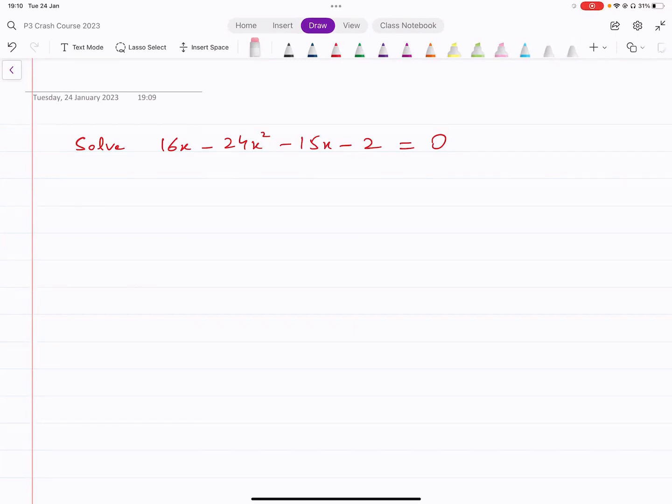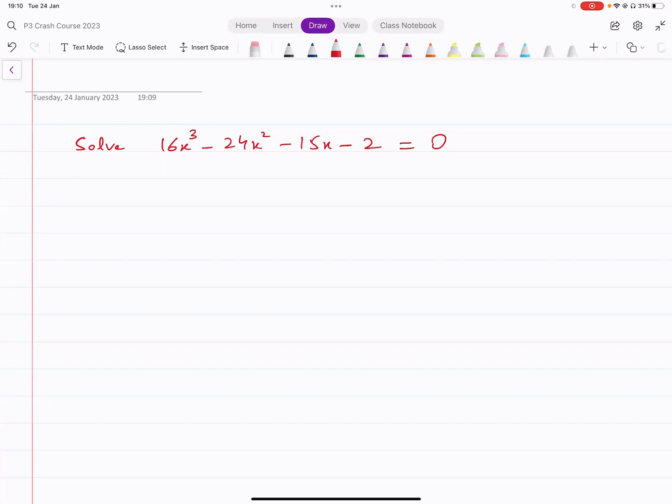It's a cubic equation. We don't really have a method for solving cubic equations directly. At least at this point, we don't know that in A levels. We don't know how to solve this equation directly. And we're not even given any factor. If we knew that we have a factor, we could divide by that and then find the other factor, and then we would solve this equation like that.